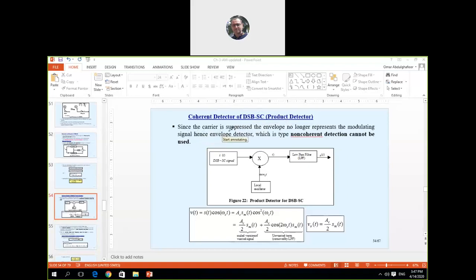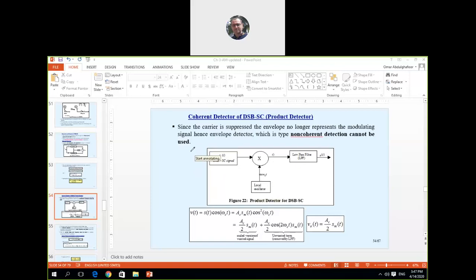Since the carrier is suppressed, that means we don't have the carrier as an independent signal, so the envelope detector no longer represents the modulating signal. Hence the envelope detector, which is a type of non-coherent detection, cannot be used. Coherent detection means synchronized detection. I will explain afterward once we reach the block diagram.